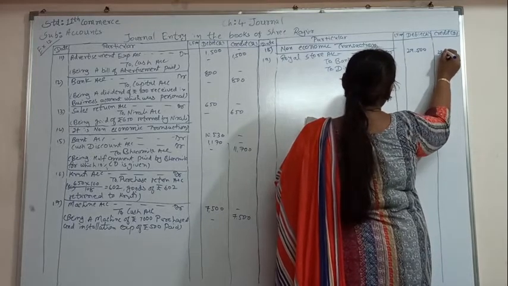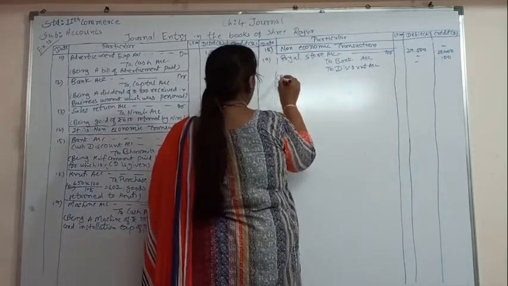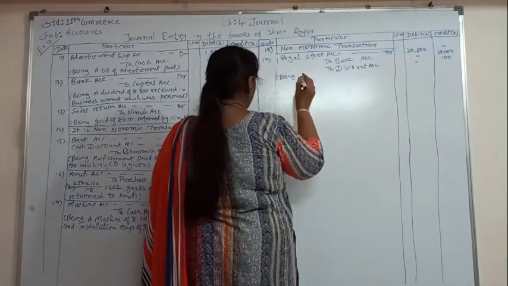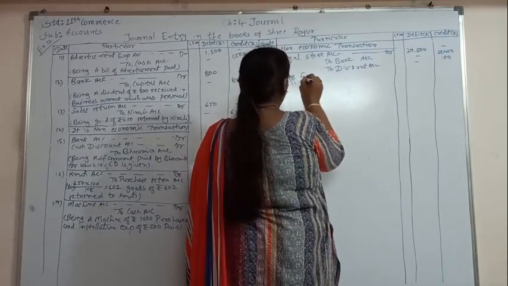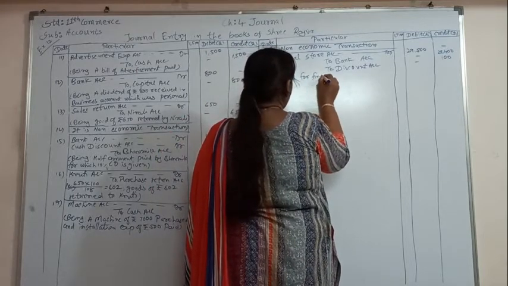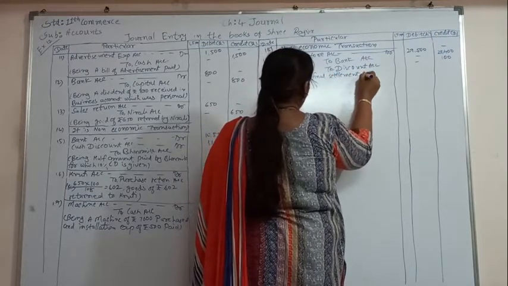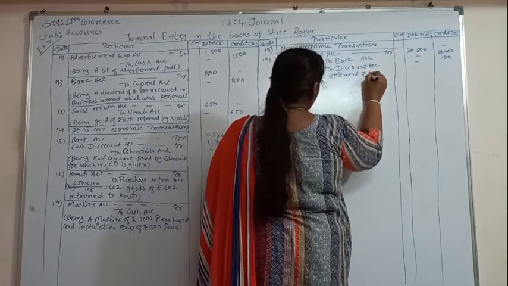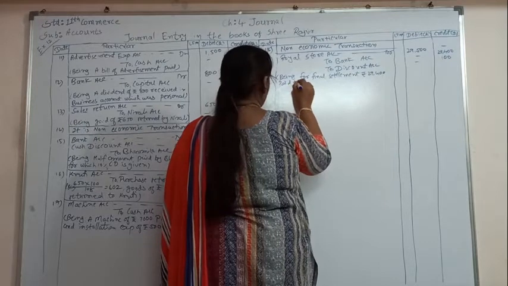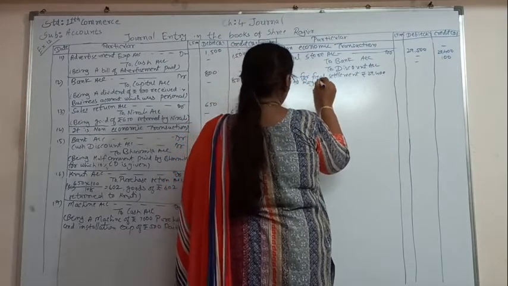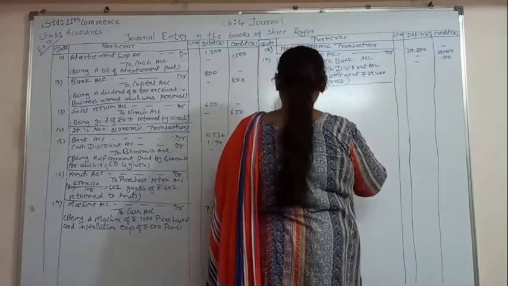So we are going to pay them 29,400. Being, for final settlement, rupees 29,400 paid to Royal Stores. So this will be the journal entry for this.